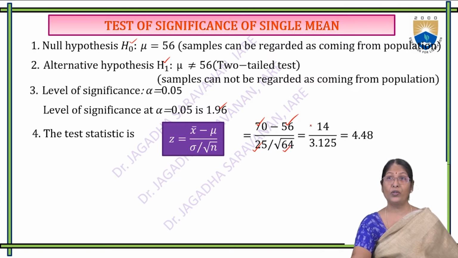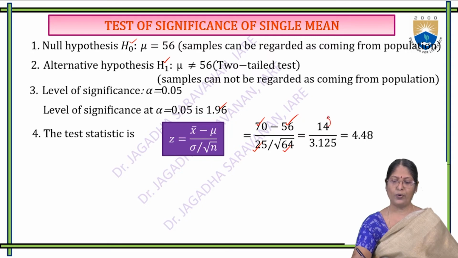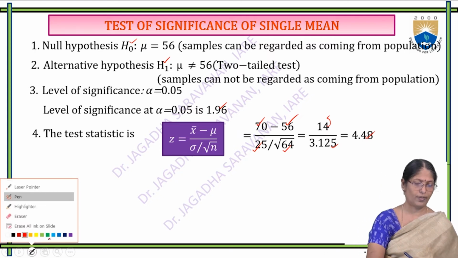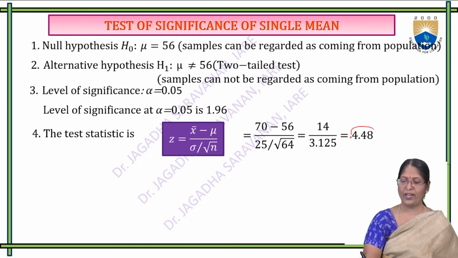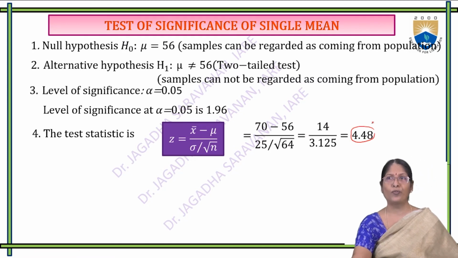So the numerator is 14, the denominator is 3.125. The final result is 4.48, which is the calculated value.